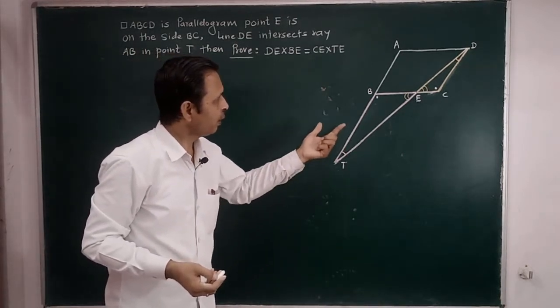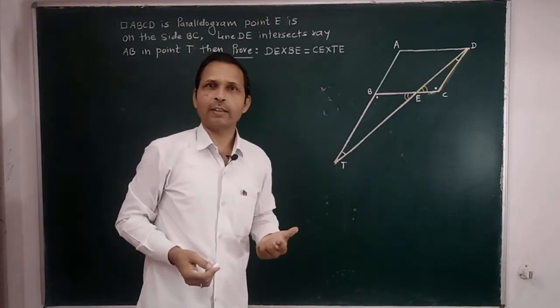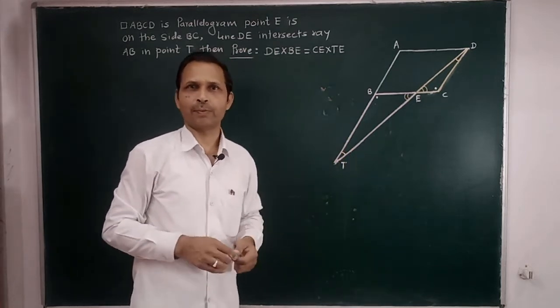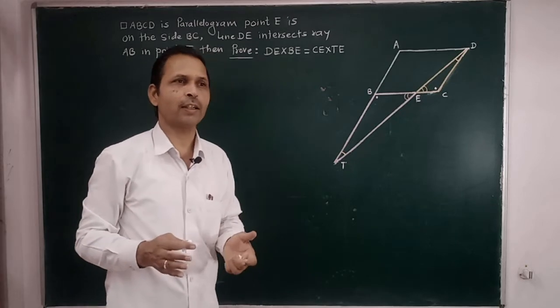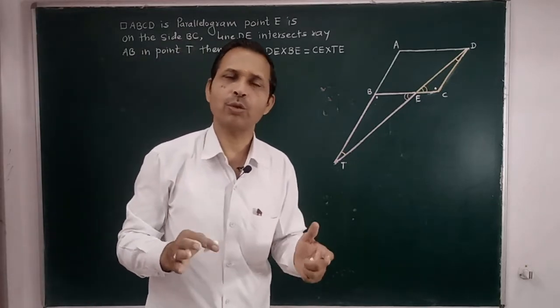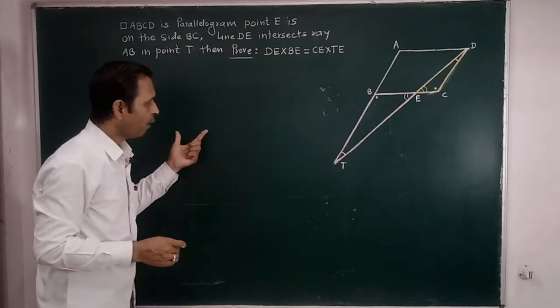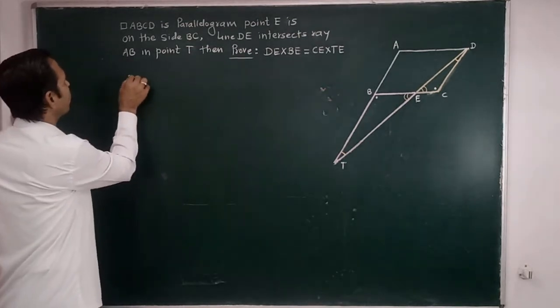Now in this way, in these two triangles, all three angles are congruent. Instead of three angles, we take only two angles to show that the triangles are similar. Now let us write the proof.